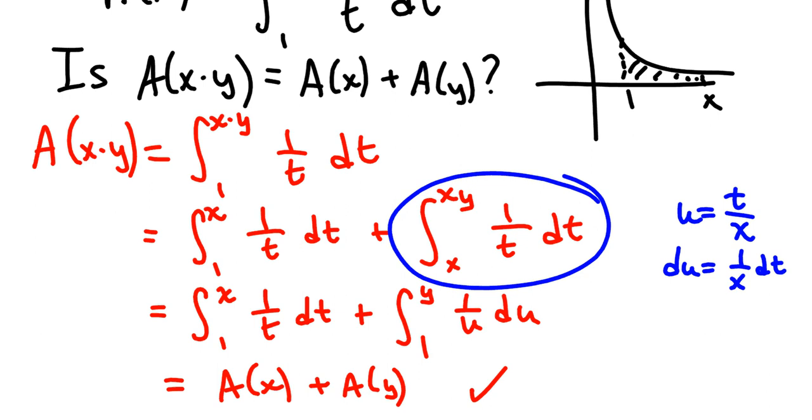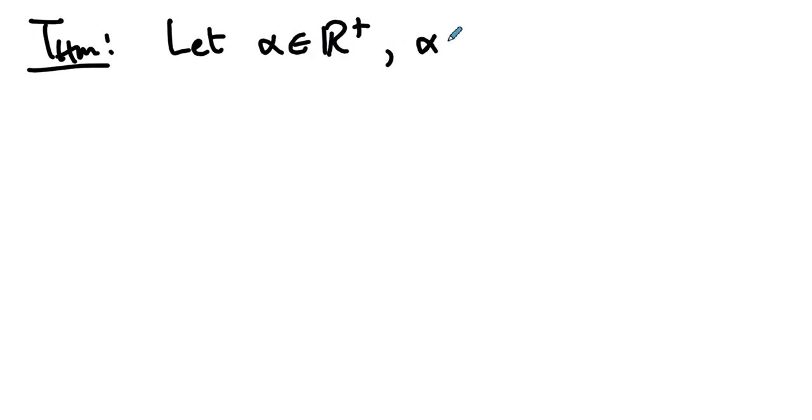Well, why does that matter? Well, that matters because there's a theorem, and the theorem says, let alpha be some positive real number that isn't 1.